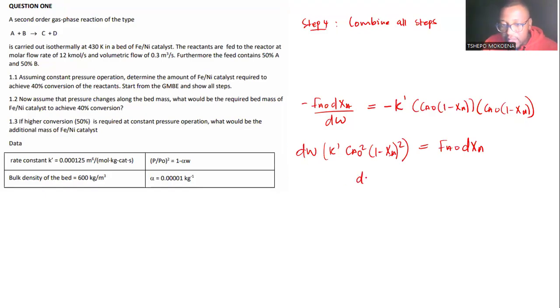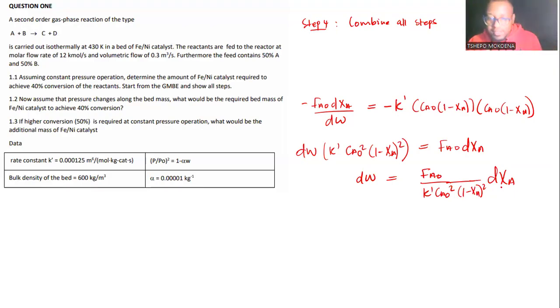So I'm going to have FAO divided by k prime CAO squared, 1 minus XA squared, dXA. So this is step number 4, which is the combination of all the steps.